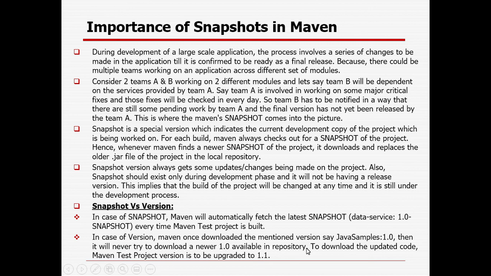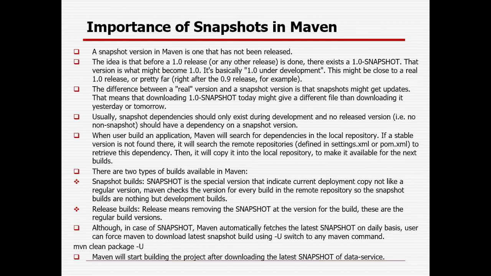To give an example, if you are working with 1.0, it will be updated based on your input. Another person can update, but those will not be synced. But in case of snapshot version, everyone's update will be impacted and will impact the others, because it deletes the older one and fetches the latest jar. That is the basic difference between snapshot and version, and the importance of snapshot in Maven.